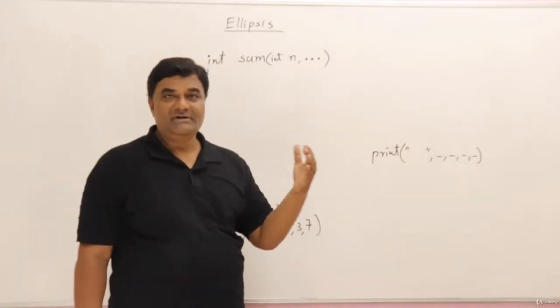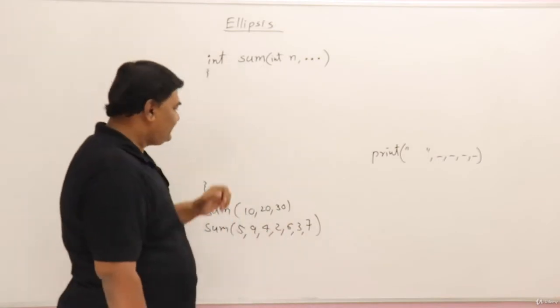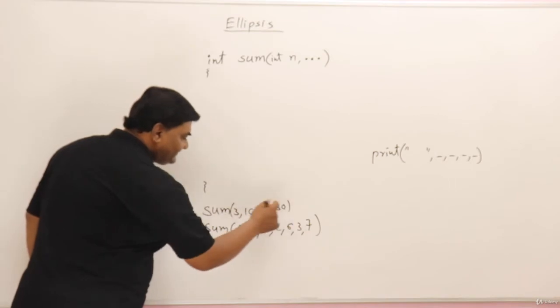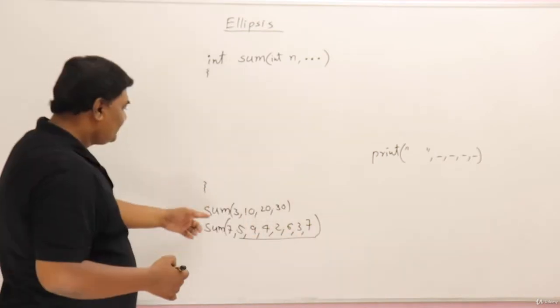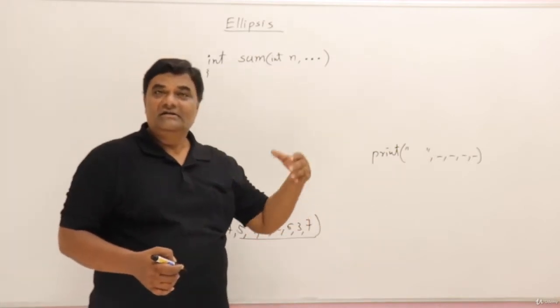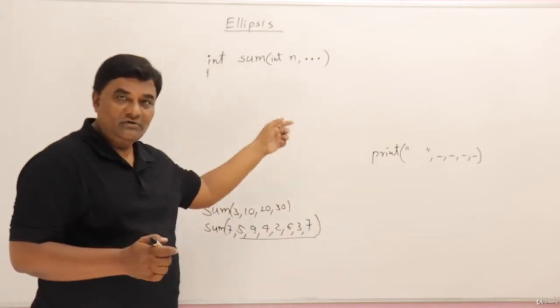So it should know how many parameters it's getting, but it can get any number of parameters. Now let us see, if I am sending this one, then I should say 3 and these 3 numbers. Then sum 7 and these 7 numbers. So this 3 or 7 will go into this named argument, and the rest, dot dot dot, are the variable number of arguments. Now let us see how to access that.